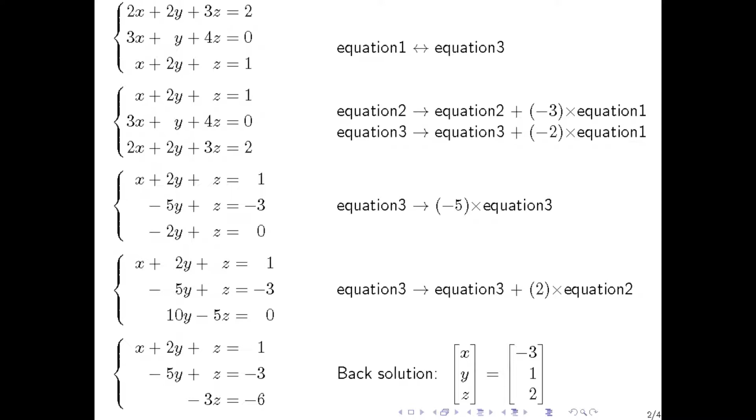To save us time, why don't we just erase them all and keep in mind that they are there in case we need to trace back. For example, the first column is always associated with the x variable. The second column is associated with the y variable. The third column is associated with the z variable. And the last column is reserved for the coefficients on the right-hand side.